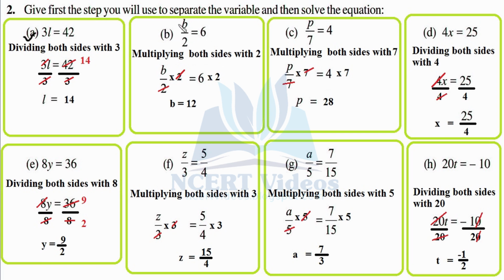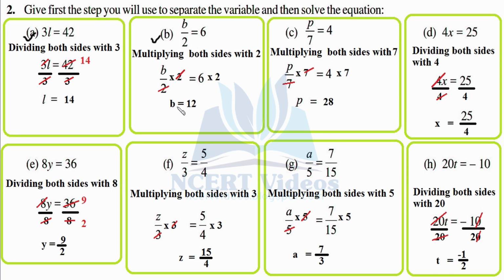Whereas in addition you subtract, and in subtraction you add. Now multiplying both sides by 2, write this thing first of all as it is, introduce multiplication by 2, this thing as it is, multiplication by 2. Now the 2s cancel out, b is separated, 6 twos are 12, b equals 12 is the solution.